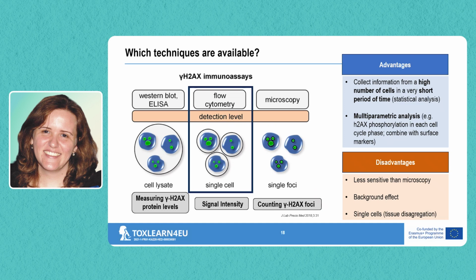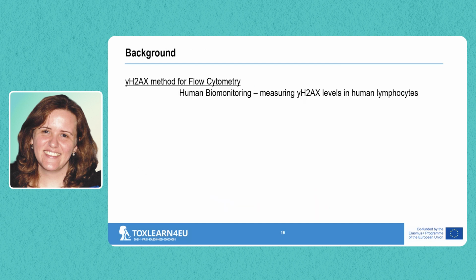There is a possibility to have some background effect, and this is related to the usual disadvantages of flow cytometry, and then the fact that you need to obtain single cells. So this can be an additional step in the sample preparation.